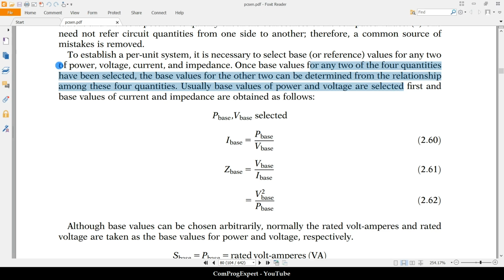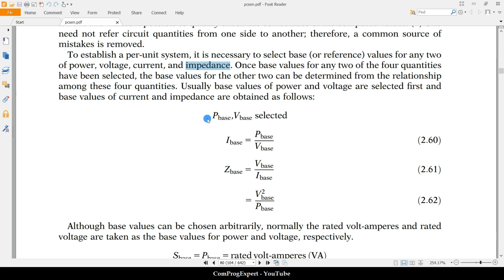So we have these four quantities: power, voltage, current, and impedance. Among these four quantities, we need to specify base values for two of them.